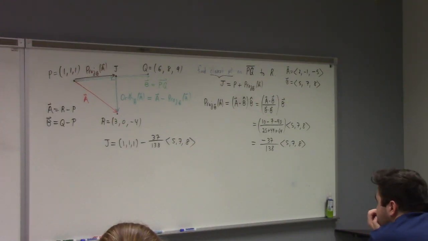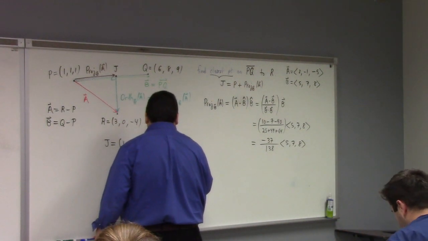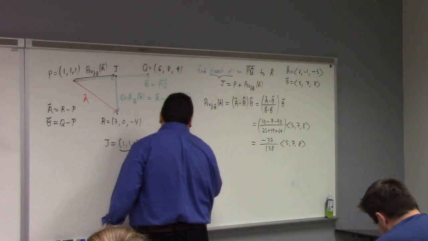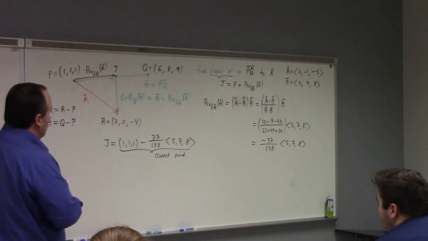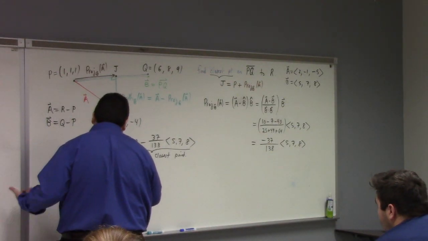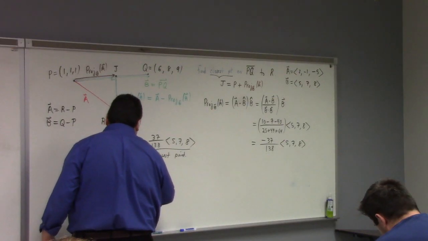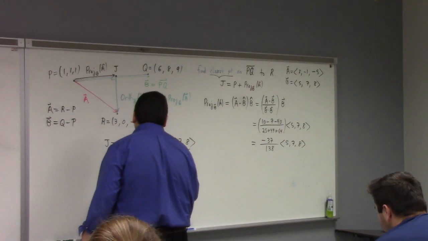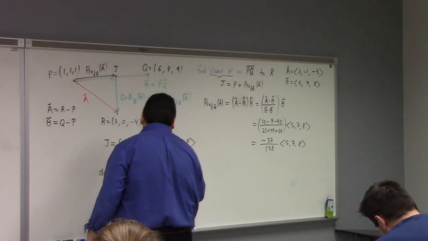How do we find the distance then? The distance from the point to the line is defined to be the distance to the closest point, right? Distance to line should be the length of orth B of A, right?